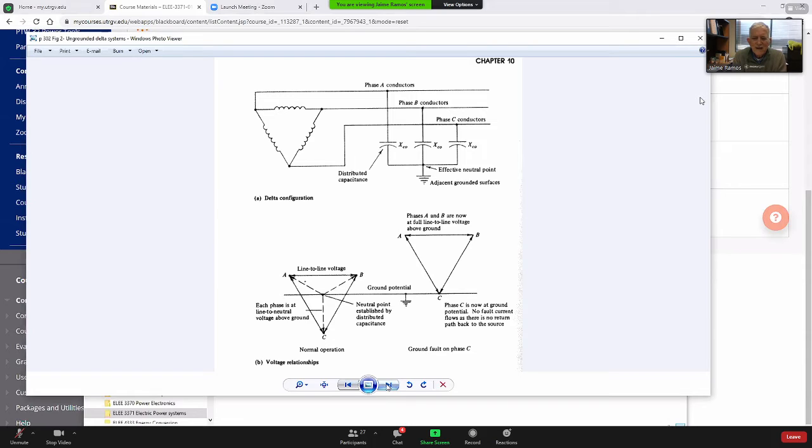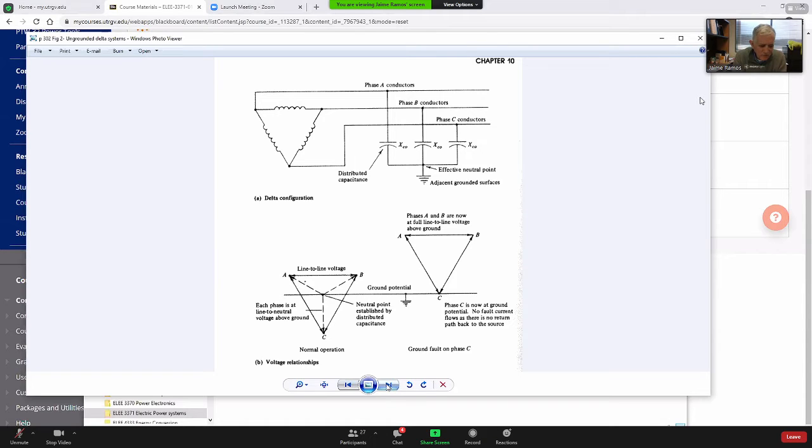Okay, so those conductors are referenced to ground through that capacitance. And therefore, we have an effective neutral point.